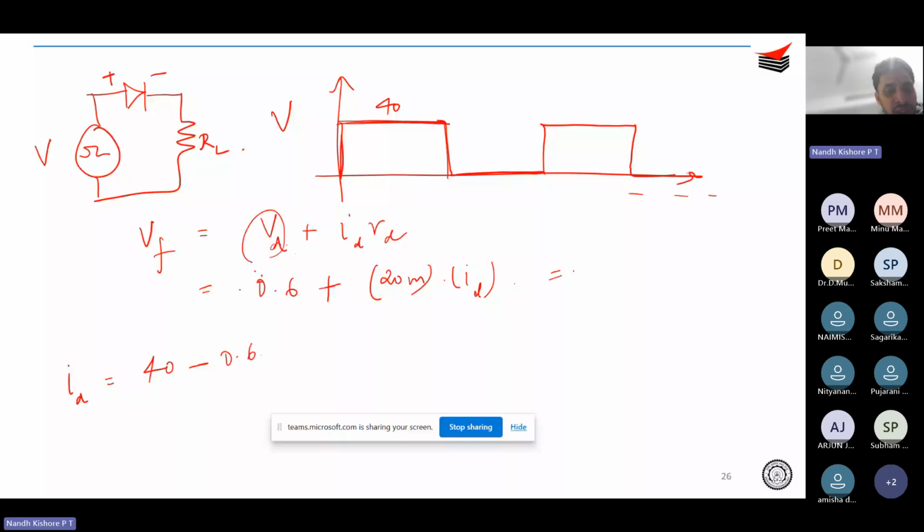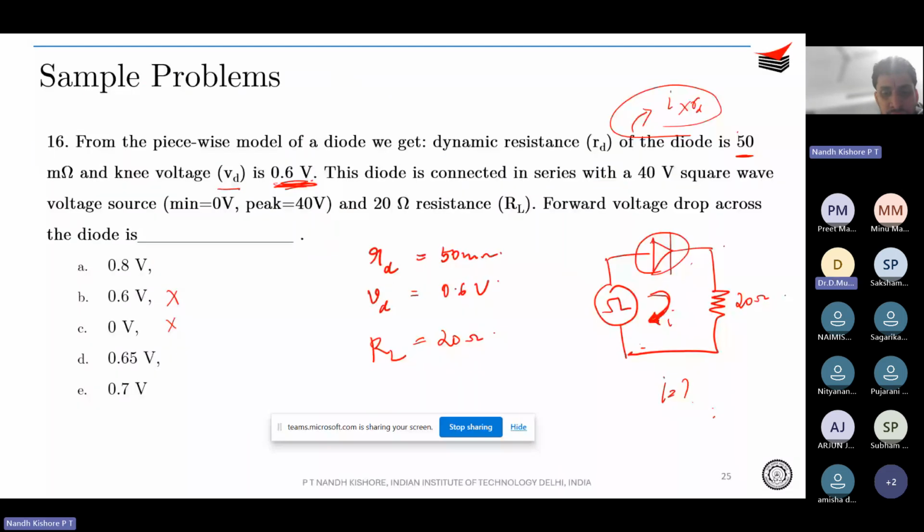Okay, it is given in the problem, and I is equal to V by R. That is 40 minus 0.6 divided by RL plus RD, right? So it's going to be 39.4 divided by what is RL plus RD? 20 plus what is RD? RD is 50 milliohms.